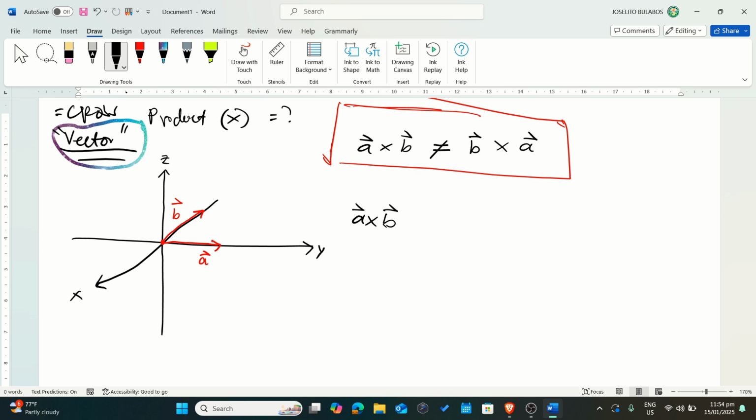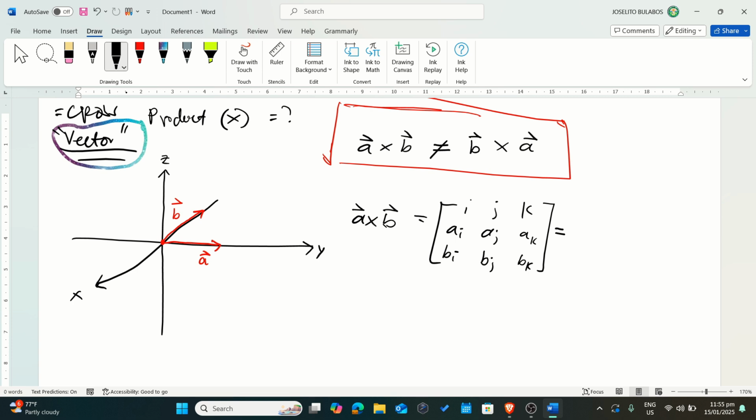We have to get the components of A and then components of B, and then we are going to get I, J, K. So the I component of A, the J component of A, and then the K component of A, then the I component of B, the J component of B, and the K component of B, and use determinants, find the determinants.